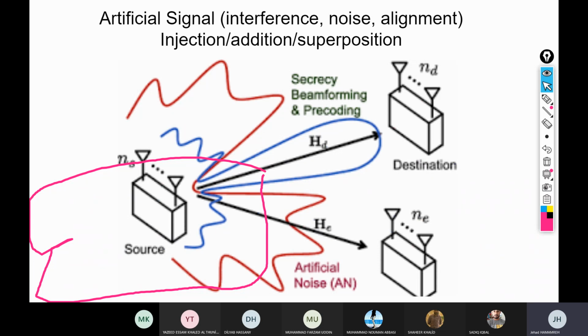So example of this is artificial noise. When I say artificial signal, I mean it's interference or noise or alignment signal, whatever. You inject it alongside the data you transmit to your receiver, and some people call it addition, superposition, multiplication, whatever. It's at the end of the day something you add alongside the data signal you transmit to your receiver.